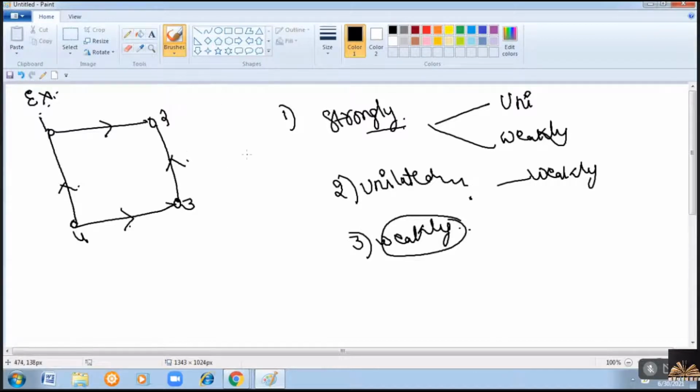So now you are given this graph. Now you tell me whether it is strongly connected, unilaterally connected, or weakly connected.